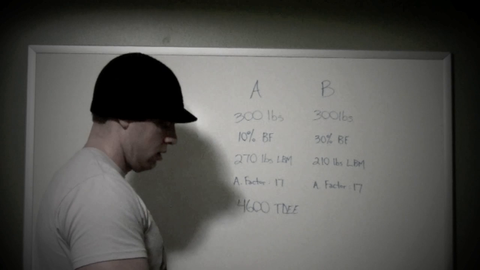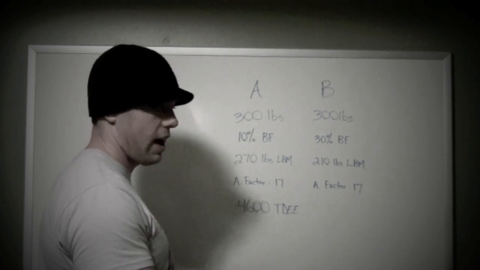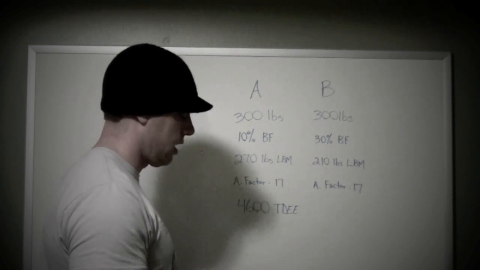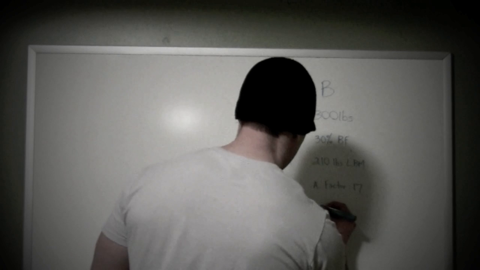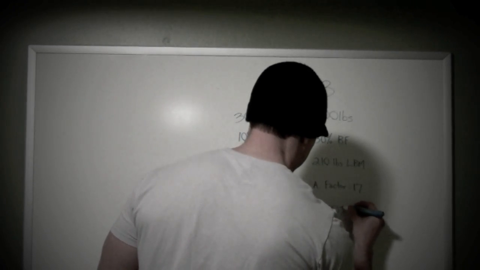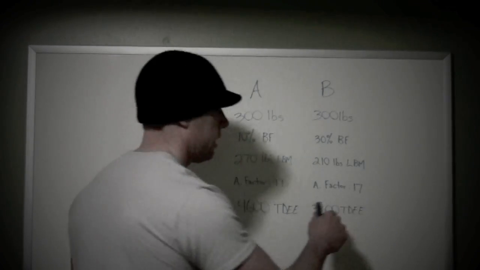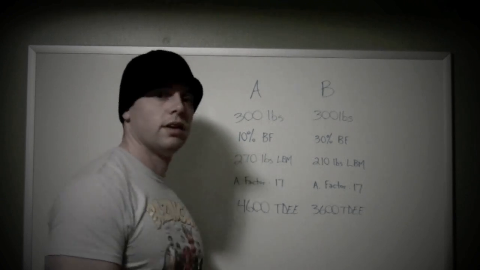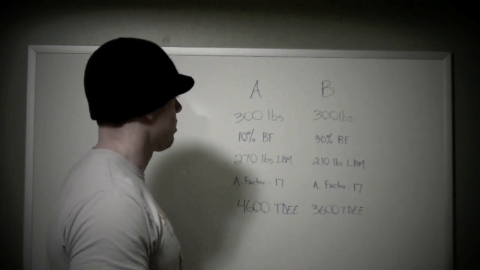Person B, we have 210 pounds times the same activity factor for comparison's sake, and that's going to give us roughly 3,600. Again, this is the adjusted rough maintenance level, taking into account activity and many other things as well.